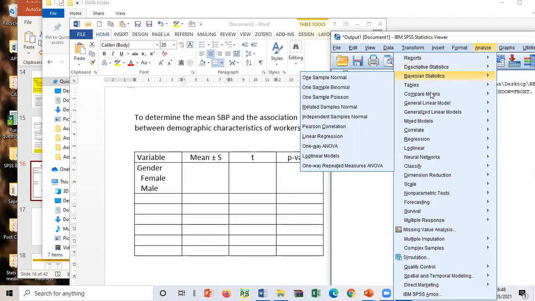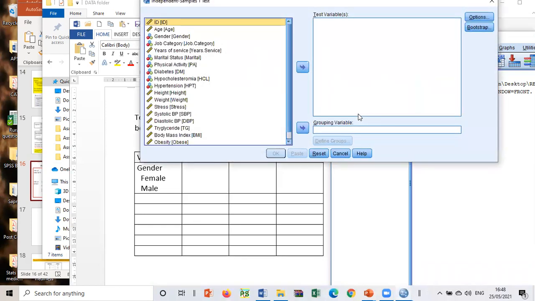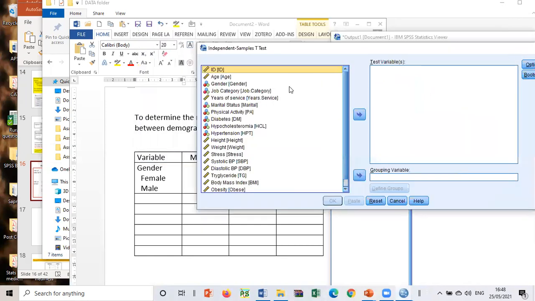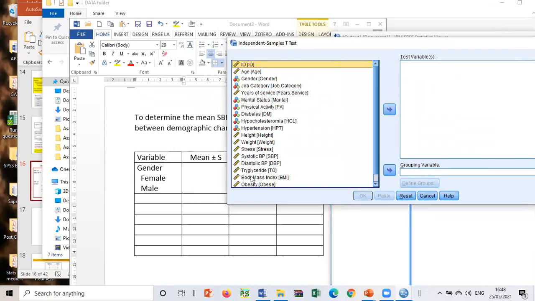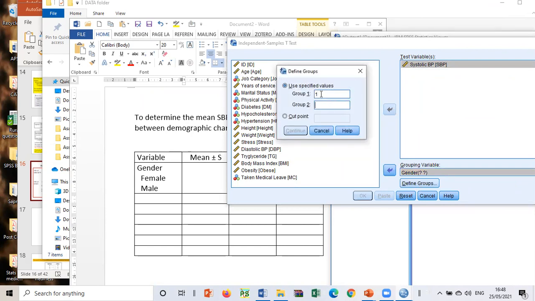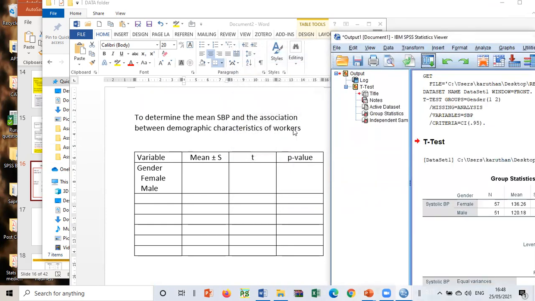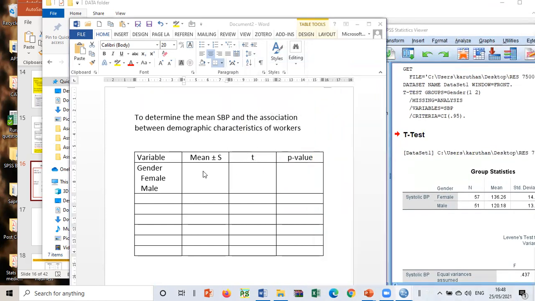Analyze, compare means, independent samples, SBP, and gender. Define groups 1 and 2. Continue and click OK. Record.